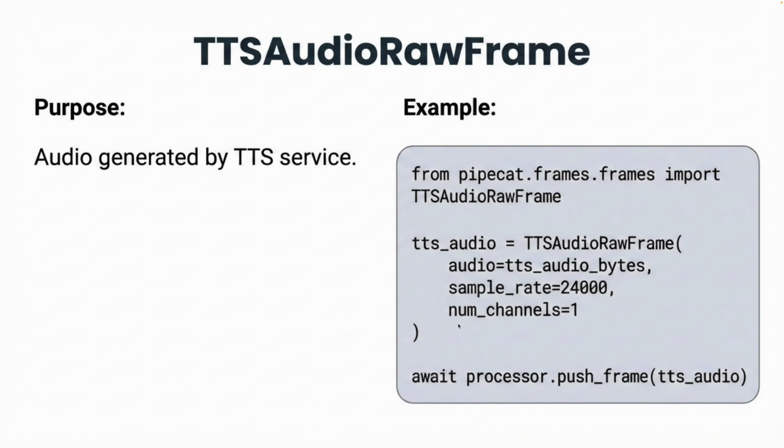TTS audio raw frame. TTS audio raw frame is audio generated by the TTS service. So this is one example. We import this TTS audio raw frame, this is how we define it, and then the processor pushes this TTS audio raw frame.